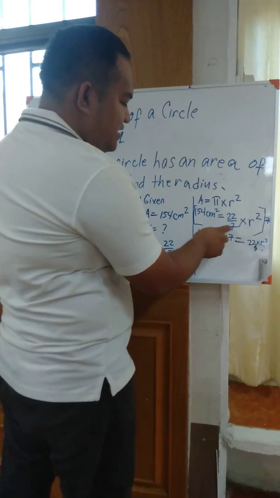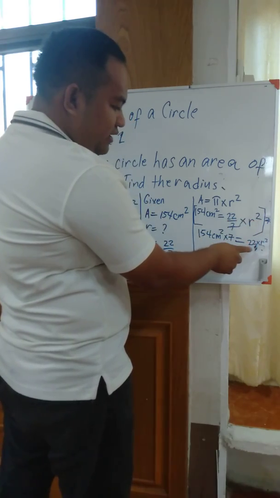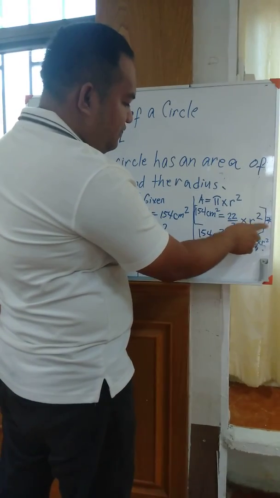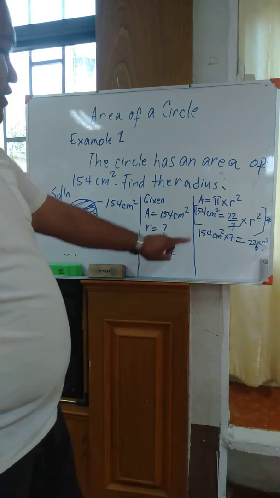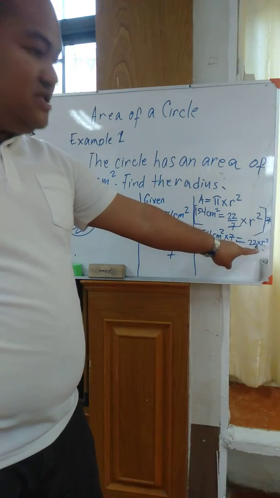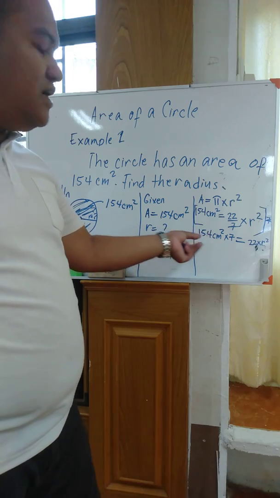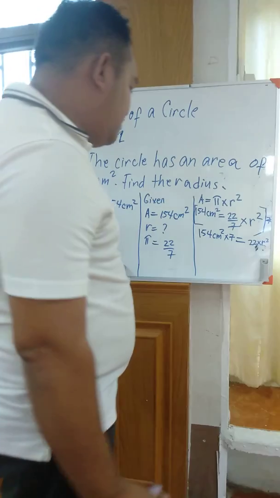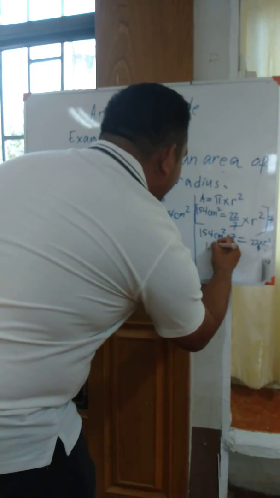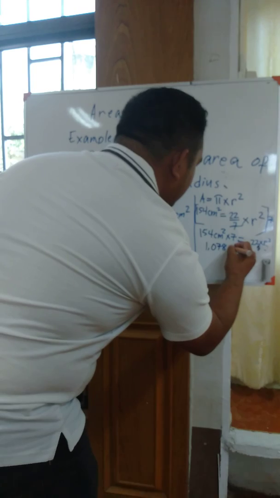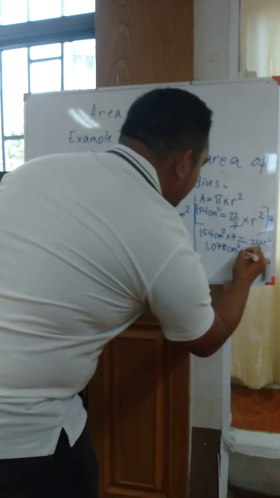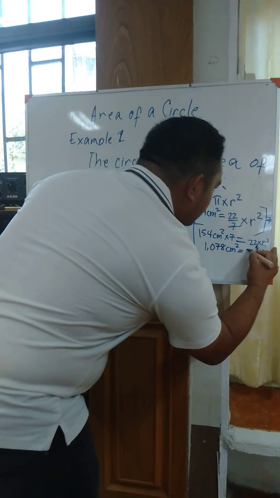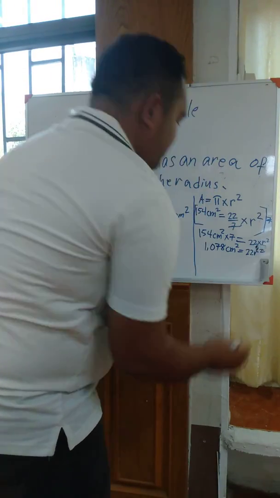So we can cancel 7 and 7. What remains is 22 times r to the power of 2. Now, you can simplify first: 7 times 154 centimeters squared is equal to 1078 centimeters squared, which is equal to 22r to the power of 2.